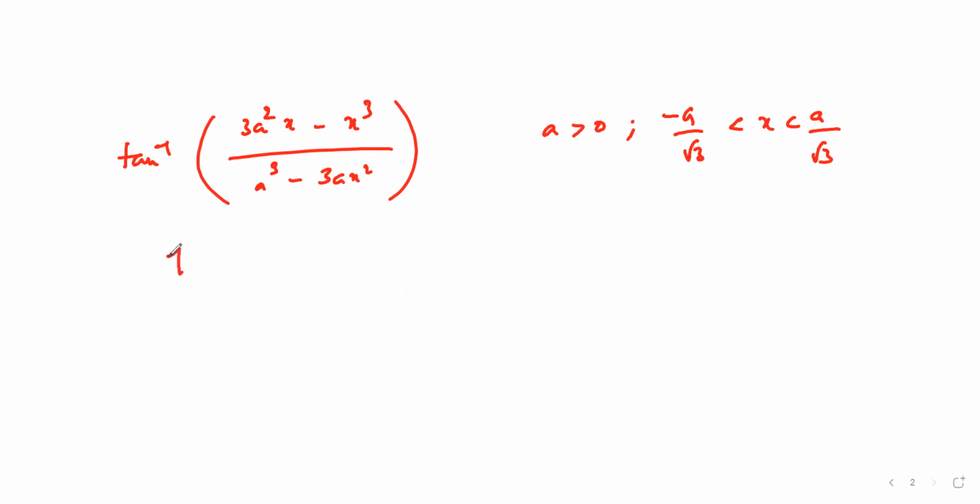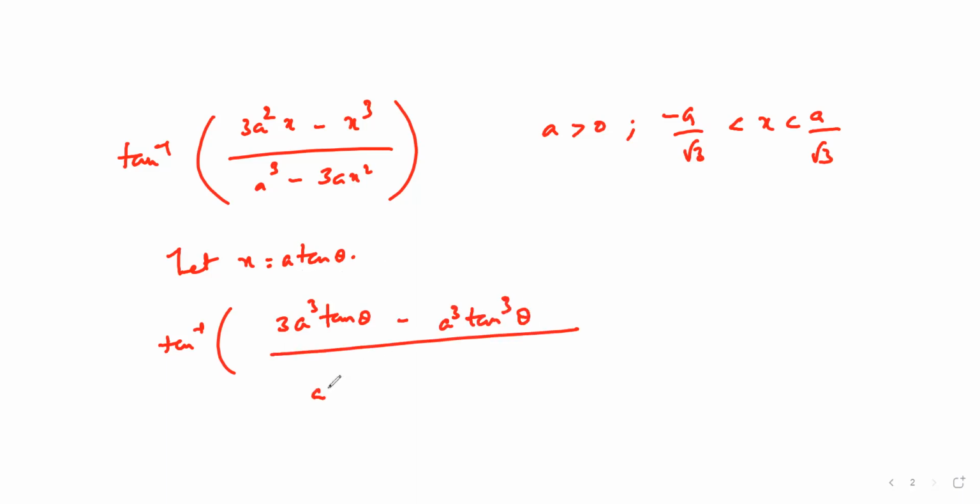So here I will let x equals a tan theta. So 3a cube tan theta minus a cube tan cube theta by a cube minus 3a cube tan square theta. Right?